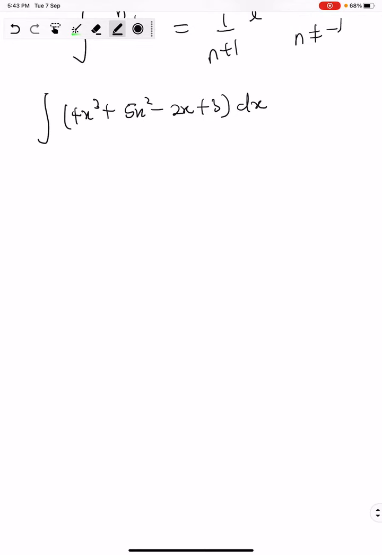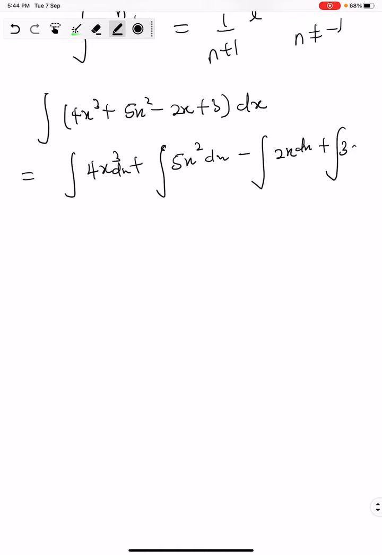That is to say that the integral of the sum or the difference of functions is the same as the sum or the difference of the integrals. So this is the same as the integral of 4x cubed dx plus the integral of 5x squared dx minus the integral of 2x dx plus the integral of 3 dx.